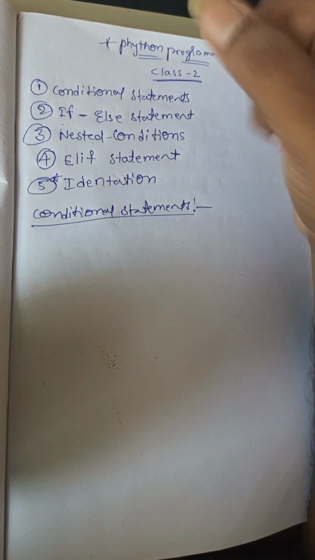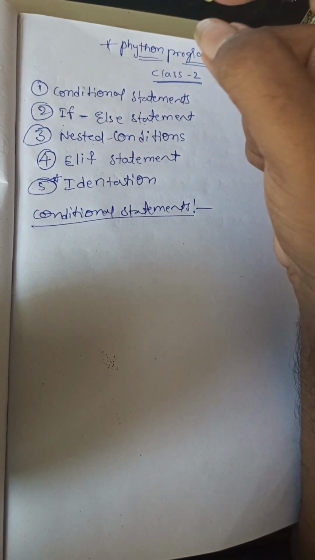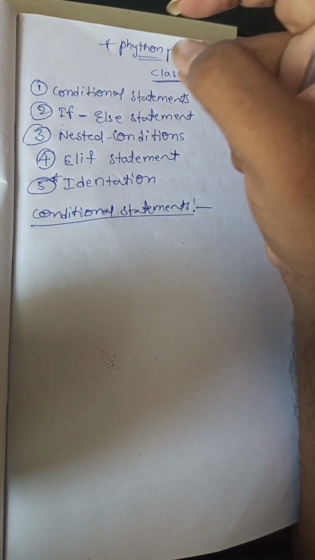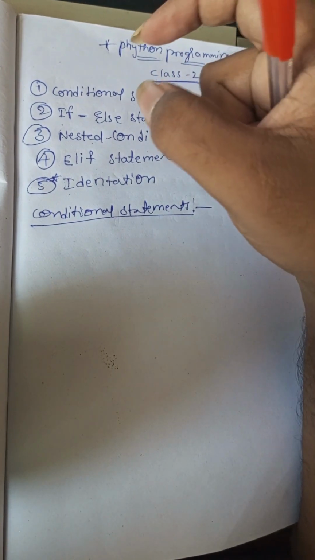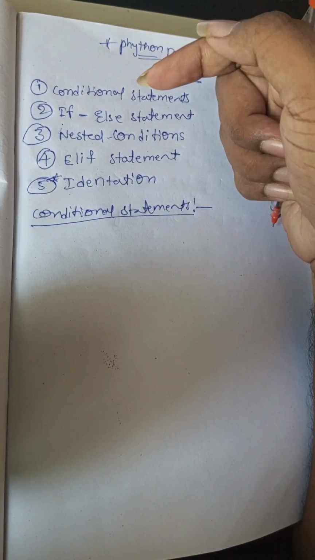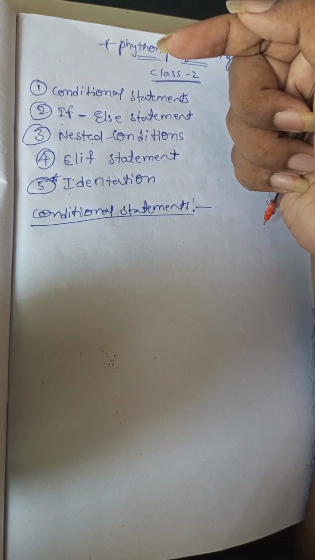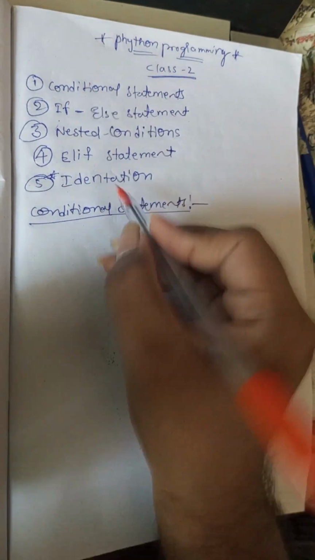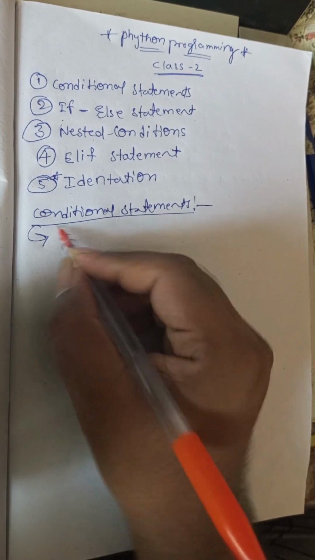Python executes code in a sequence, an expression that results in either true or false. Example, 2 is less than 3, a equal to b, in that sense. So what is conditional statement?